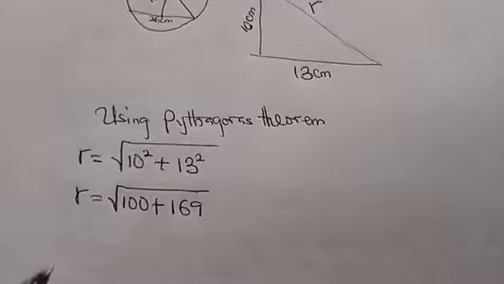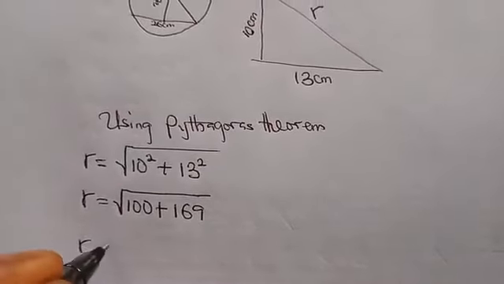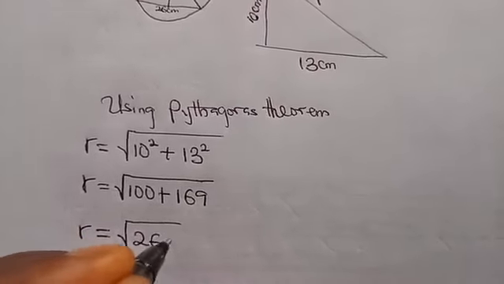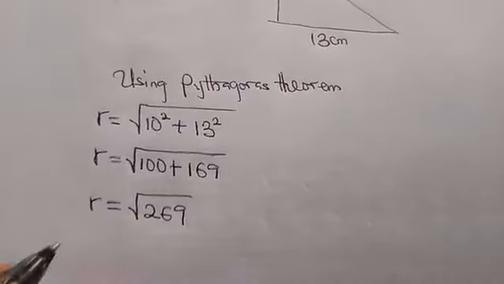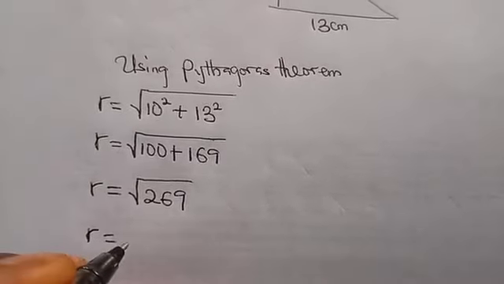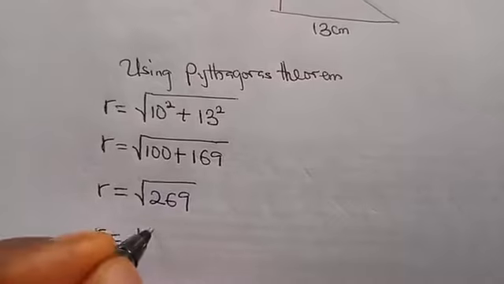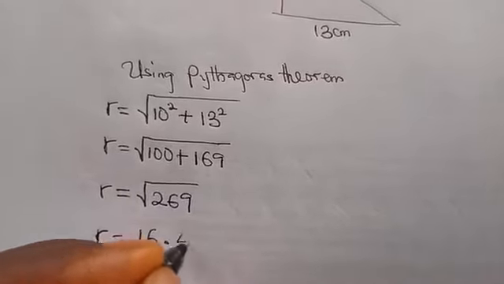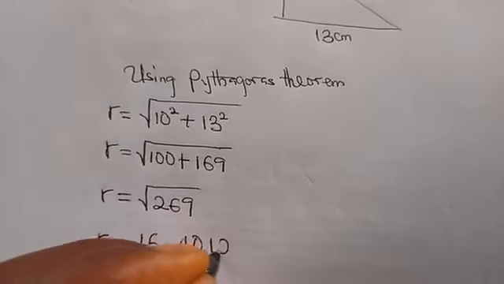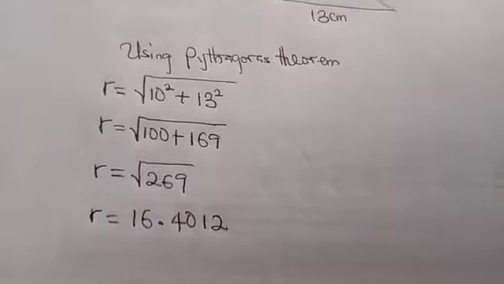When you add the two of them together, r is equal to the square root of 269. And the square root of 269, we have 16.4012. That is to 4 decimal places.